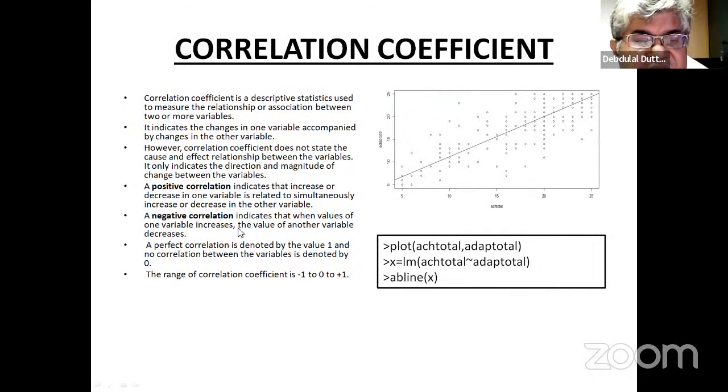A negative correlation indicates that when the value of one variable increases, the value of the other variable decreases. A perfect correlation is denoted by the value 1 and no correlation by 0. The range of the correlation coefficient is -1 to 0 and 0 to +1, or -1 to +1. I think this is better.